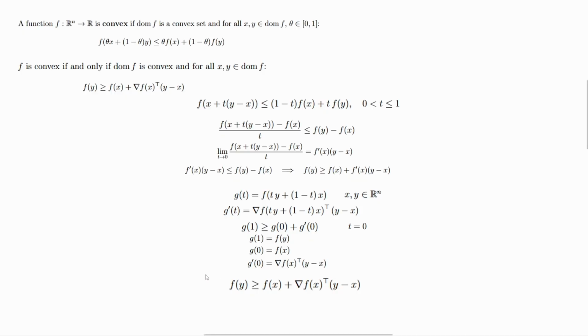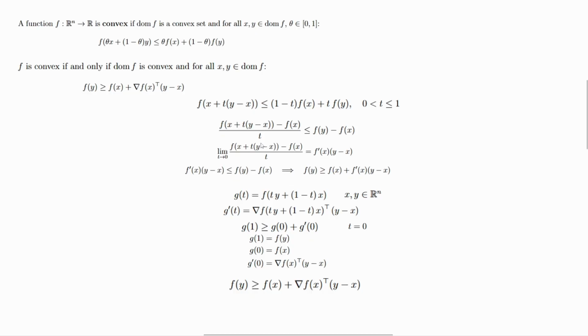Just to recap how that worked: we first showed that this property holds for one-dimensional functions, meaning it takes a one-dimensional input and outputs a one-dimensional output.